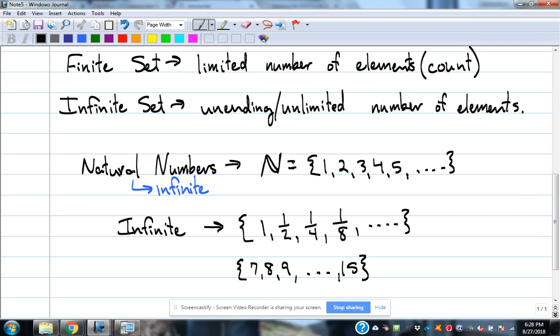The dots in the middle stand for all the stuff they're just not wanting to write because it's the same pattern over and over. But the 15 tells us it's a finite set because it's got a starting spot and an ending spot. So this is a finite set. There are some examples of infinite and finite.